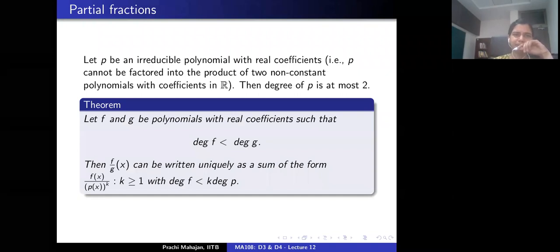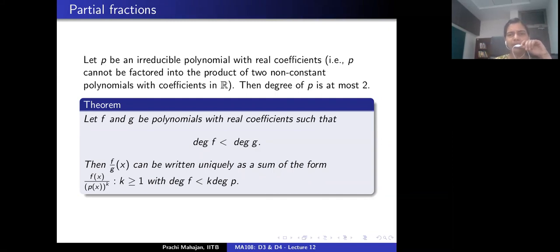Now, this is a well-known result. Suppose that you're looking at the rational function f by g, where f and g are polynomials with real coefficients, and the degree of the numerator is strictly less than the degree of the denominator.